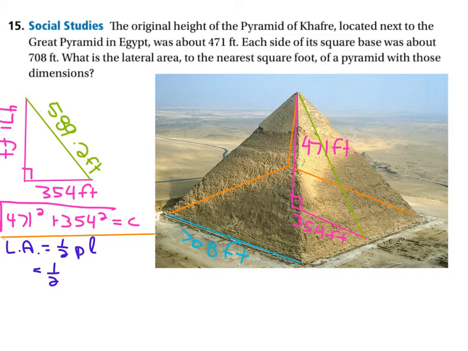And the perimeter is 708 on one side, so 708 times 4 is 2832.